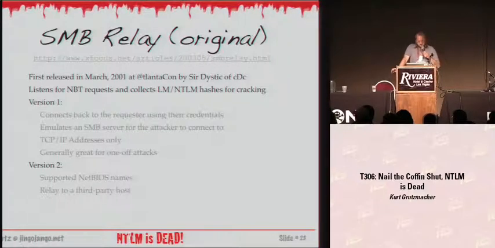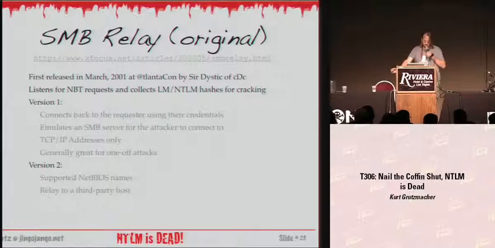But the SMB Relay acted as a rogue SMB server. It would listen for connections, so you'd force a client to connect to it. It would take the SMB authentication, strip out all the good bits, and then allow you to make a connection back to that system and make a share connection. So in 2001, this was a big deal.